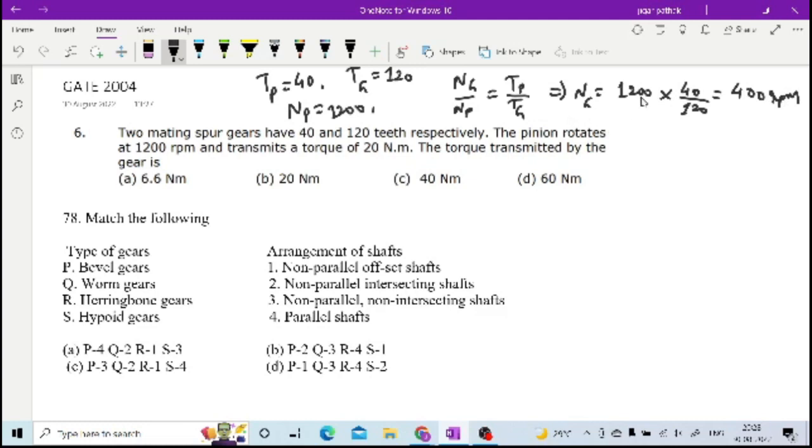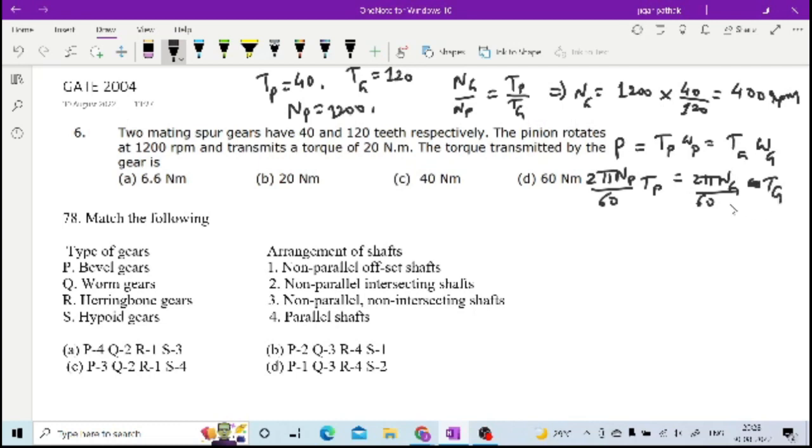Once you get the speed of gear, then the power transmitted will be the same as we have mentioned earlier. Tp omega p is equal to Tg omega g. So 2 pi Np by 60 into Tp is equal to 2 pi Ng upon 60 into Tg. With further simplification, it is NpTp is equal to NgTg.